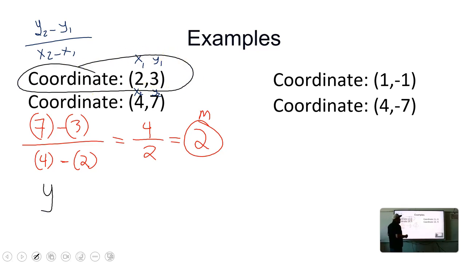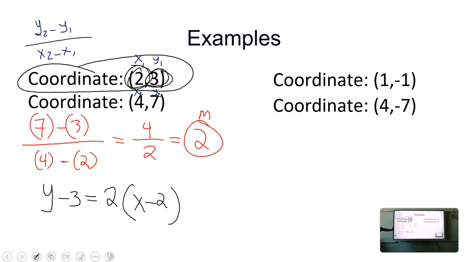If you choose the second one, that's okay. It's the same line still. So we get y minus 3. So we're doing the opposite of this one. Equals m, which is 2. And then x, opposite of this one, would be minus 2. And there is the equation of my graph.